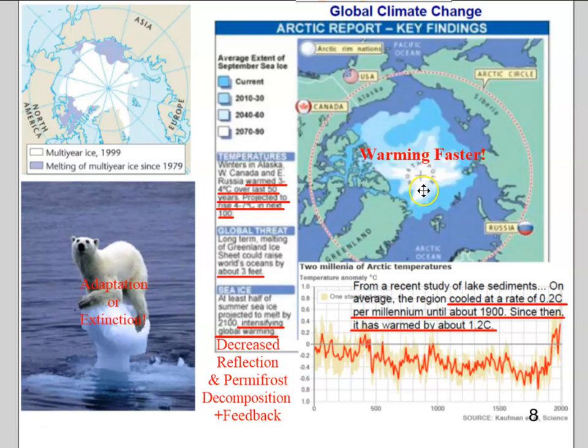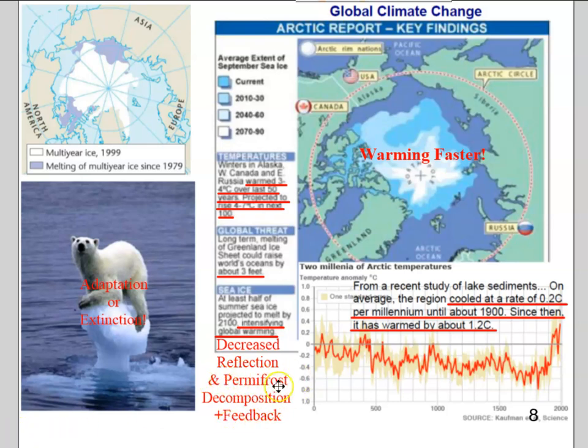When the ice is gone and the snow is gone, the water is just simply going to absorb that solar radiation that normally would have been reflected. That will cause even greater warming and more ice melt, which will increase solar absorption more, which will melt more ice. It's a positive feedback cycle that will result in the disappearance of the ice and the warming of the Arctic.